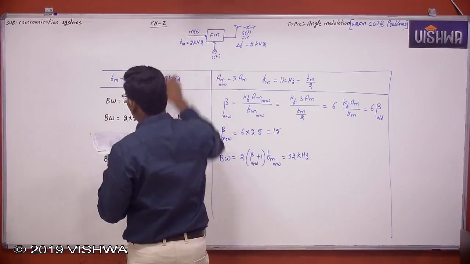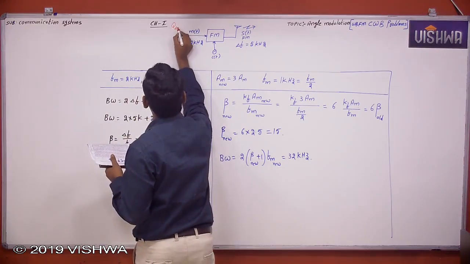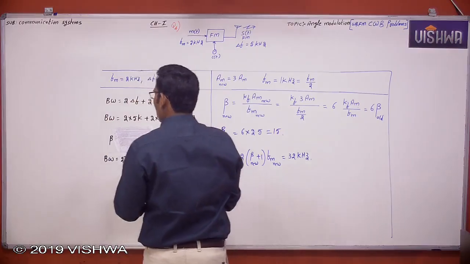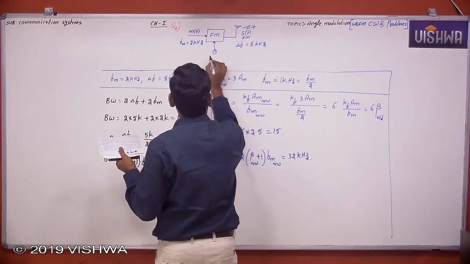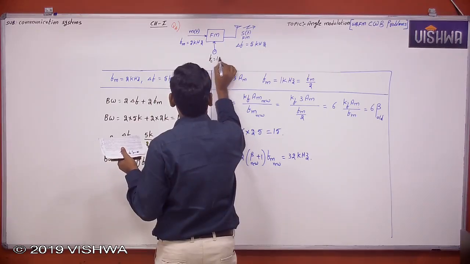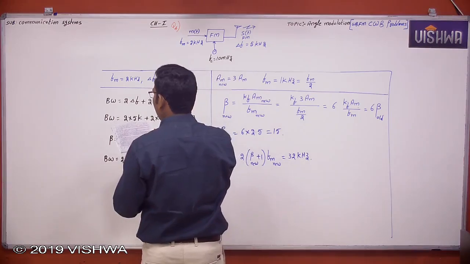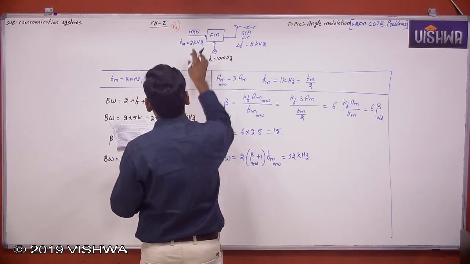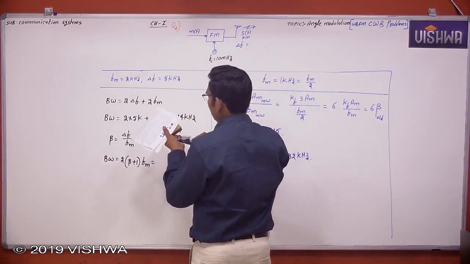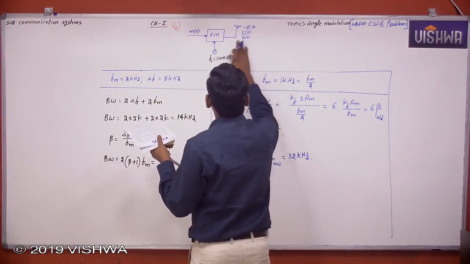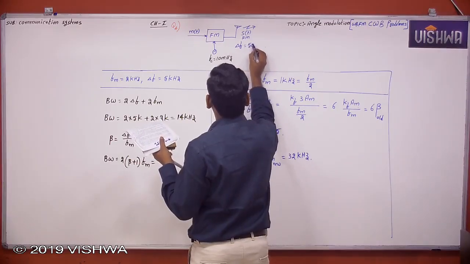Now question number 4. A 10 MHz carrier signal is frequency modulated by a sinusoidal signal such that the frequency deviation is 50 kHz.